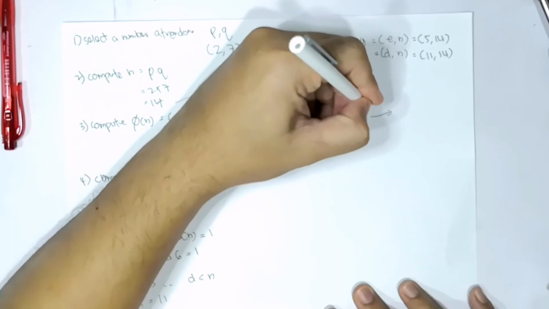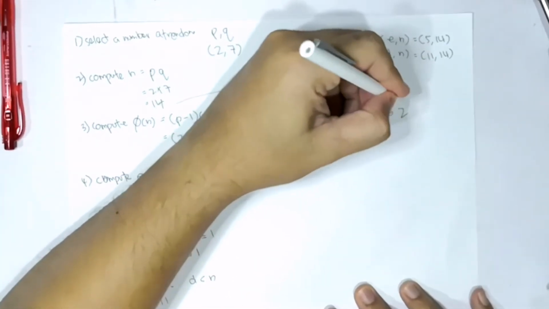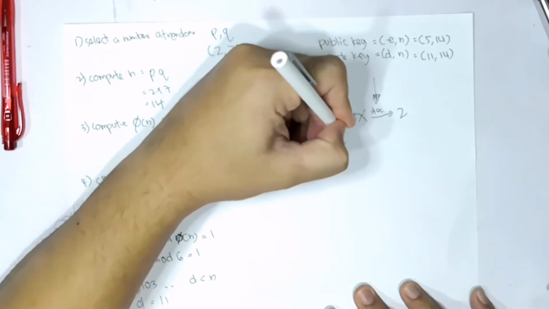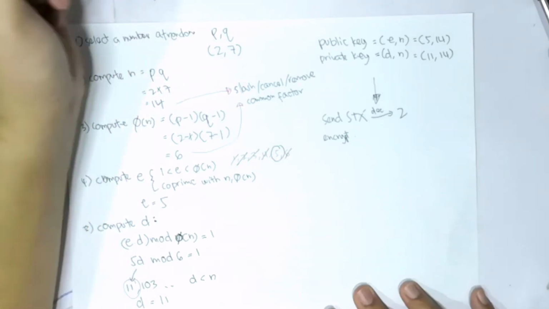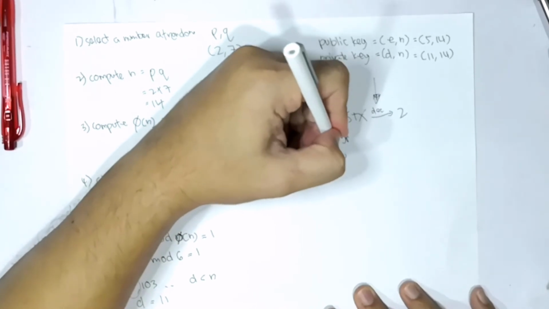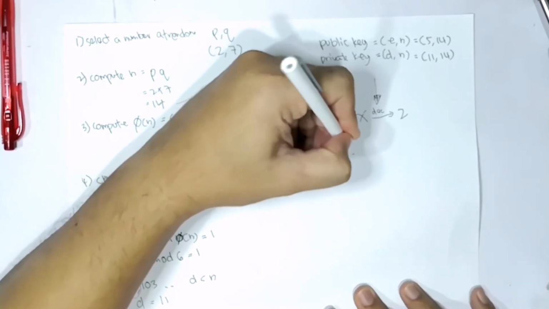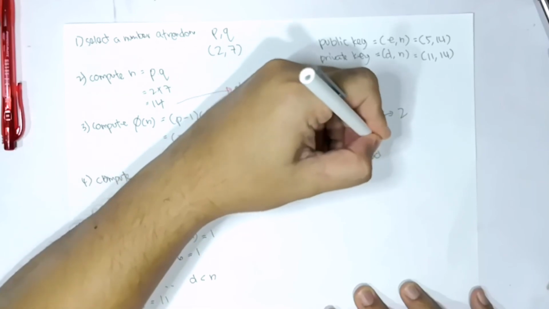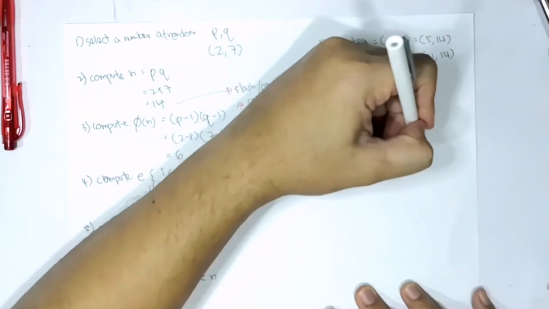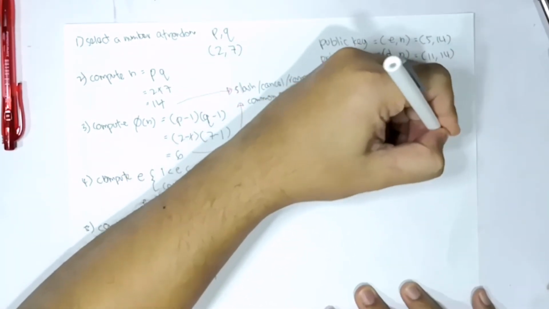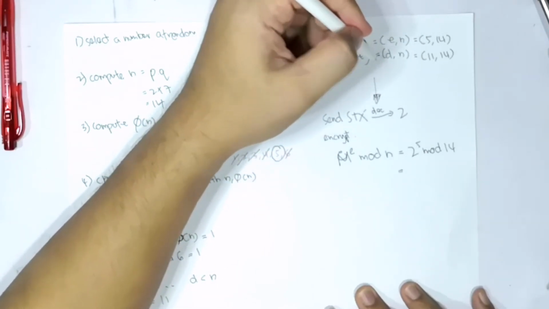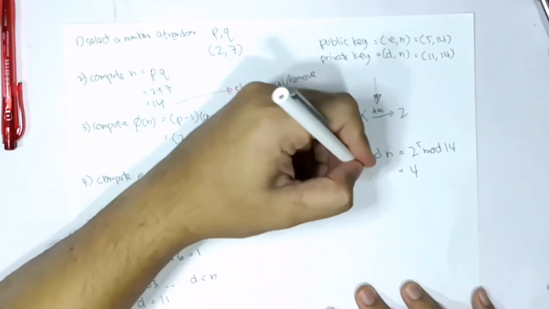So the decimal number of STX is 2. To encrypt 2, use the same formula: M power of E mod N. M is 2, E is 5, mod 14. So you will send an encrypted text, or cipher text, equal to 4.